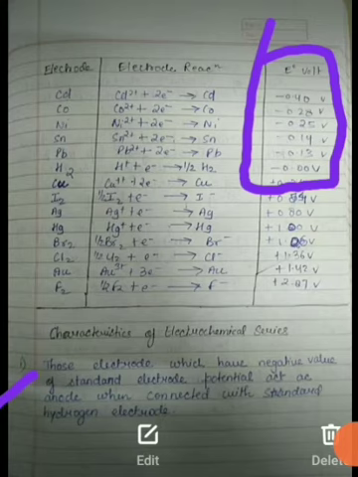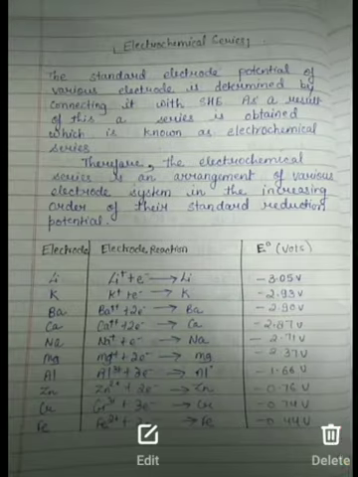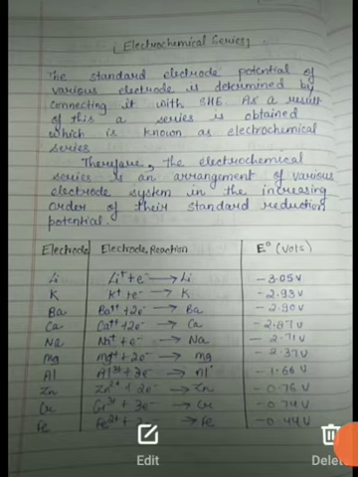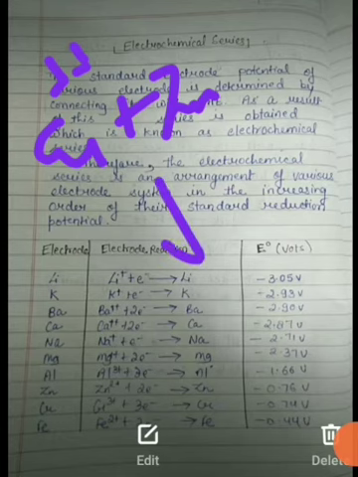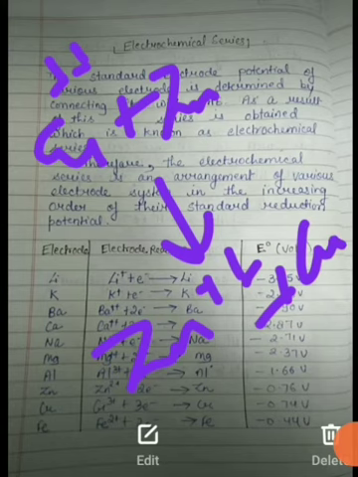And it acts as anode when it is connected with the standard hydrogen electrode. All the negative signs will pretend like anode. Whenever you see in a general reaction something like Li plus, Na plus or Mg plus, likewise if there is a reaction where Cu2+ plus Zn converts into Zn2+ plus Cu, you can correlate it here.